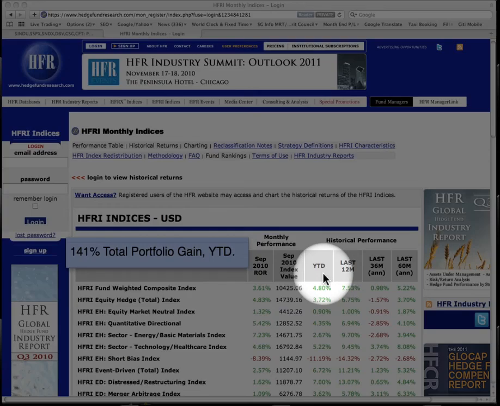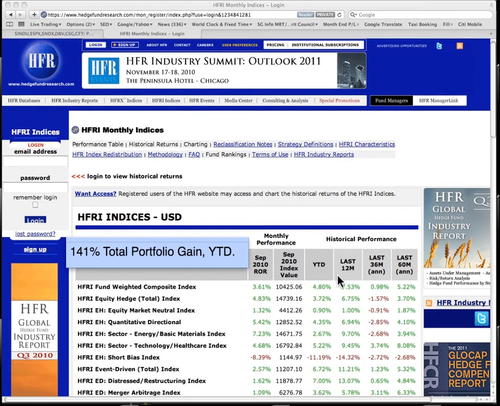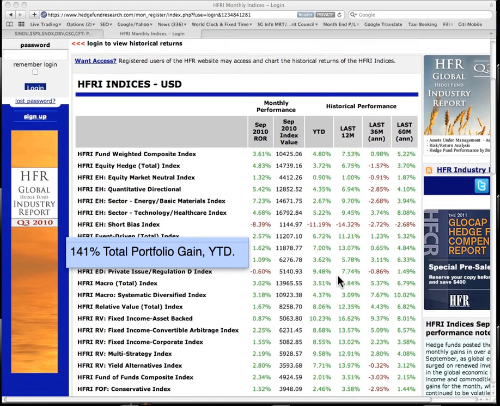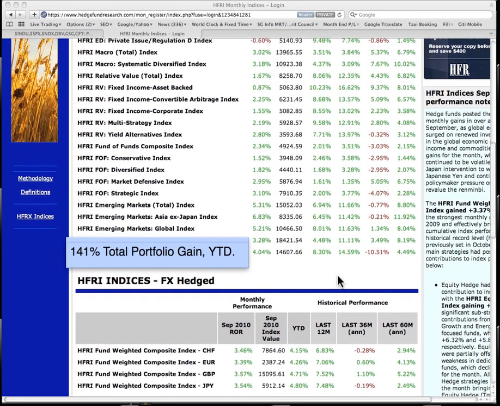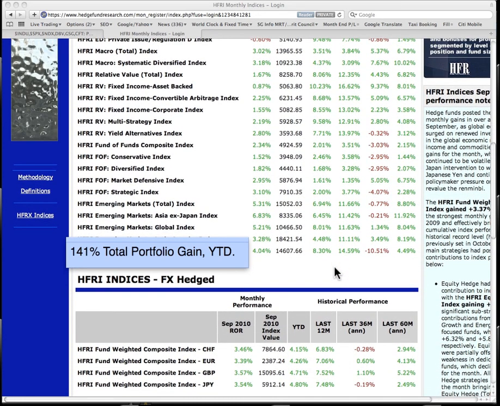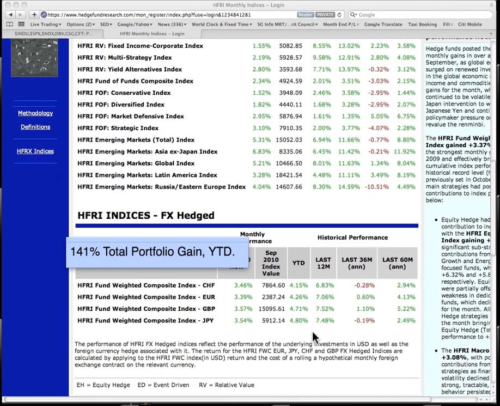So looking at the year-to-date and last 12 months performance of these indexes, the humble retail portfolio, structured in the study room with its 141% year-to-date gain, has beaten institutional hedge funds across all the different asset classes, including hedged currency funds.